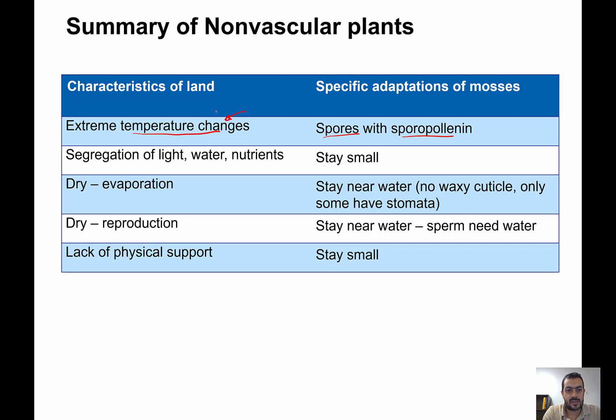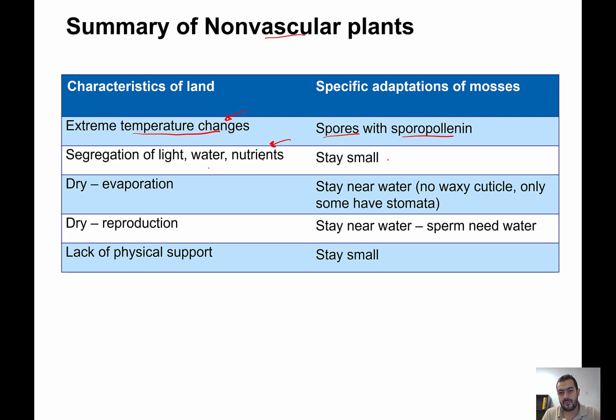How did they deal with the segregation of light, water, and nutrients? By staying small. One reason is that they don't have the vascular tissues that allow them to grow big, so they stay small in order to supply the nutrients without having a dedicated transport system.